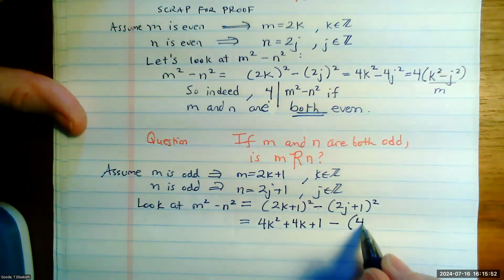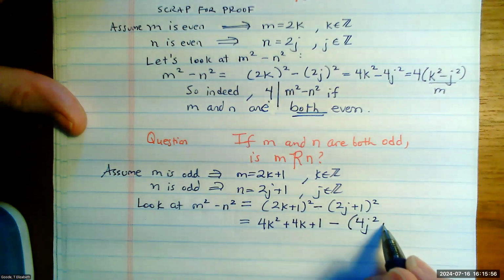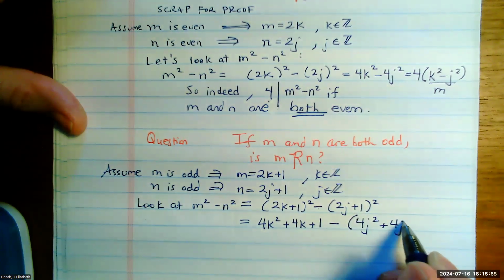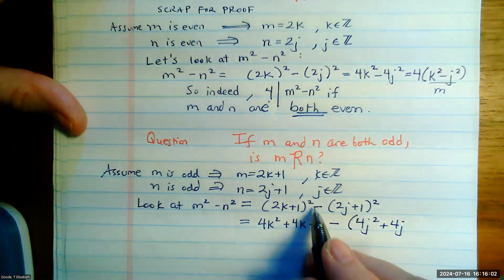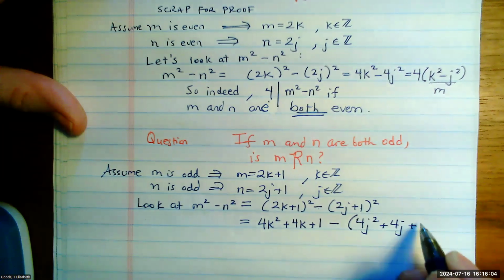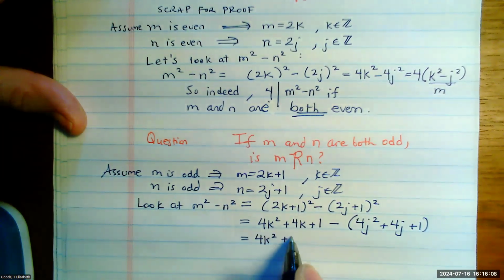2J times 2J is 4J squared, plus 2J, plus another copy of 2J is plus 4J. And then plus 1 times plus 1 is plus 1, but this minus is eventually going to change that to a minus 1.